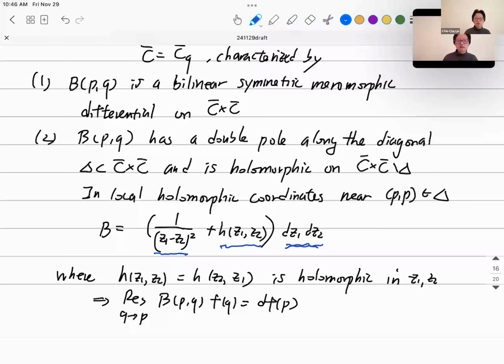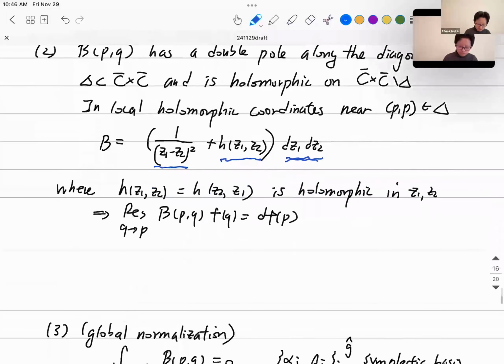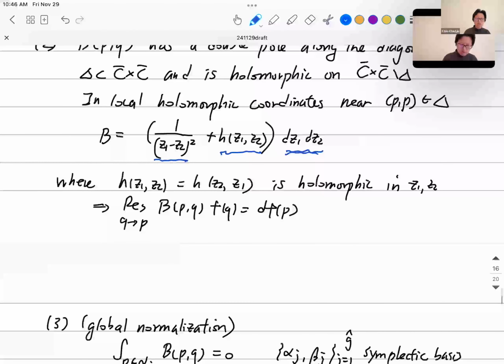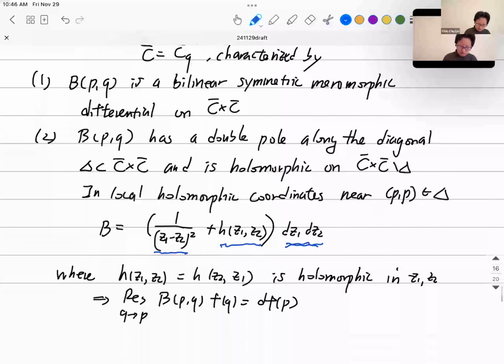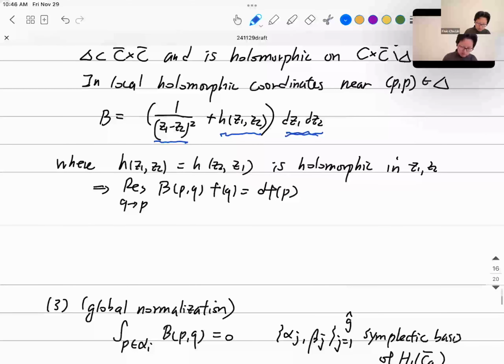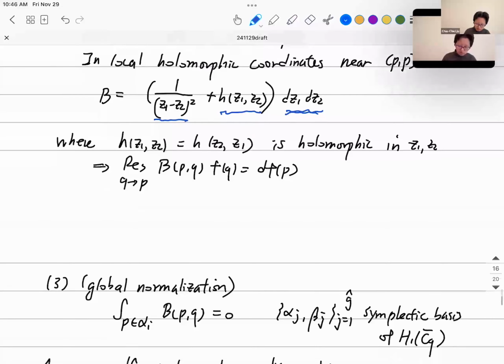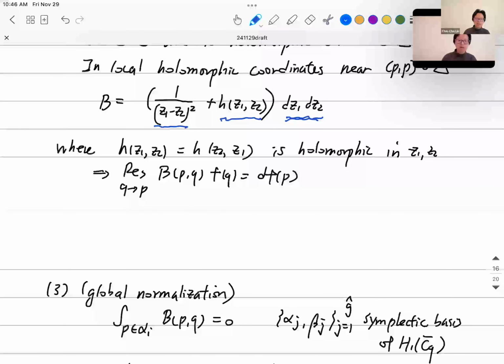And there's a global normalization, which is needed when your curve is of higher genus. If you have some B which satisfies 1 and 2, then because on a higher genus curve you have holomorphic one-forms, you can take the tensor of holomorphic one-forms and add it to B. It won't change this, because they are holomorphic. So we need this global normalization.